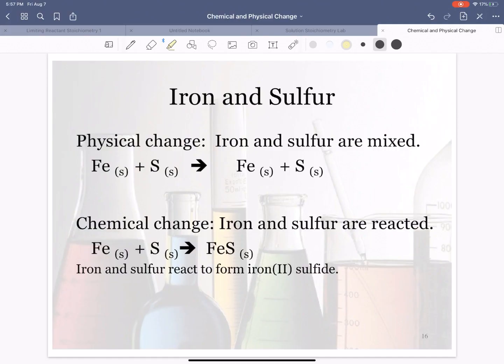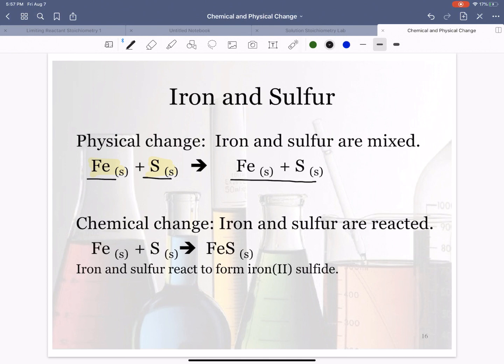In that video, at first, solid iron and solid sulfur were mixed. So we had black iron filings and yellow sulfur powder before, and afterward we had a mixture that was gray, or a mixture of those two colors. But the smallest unit didn't change.